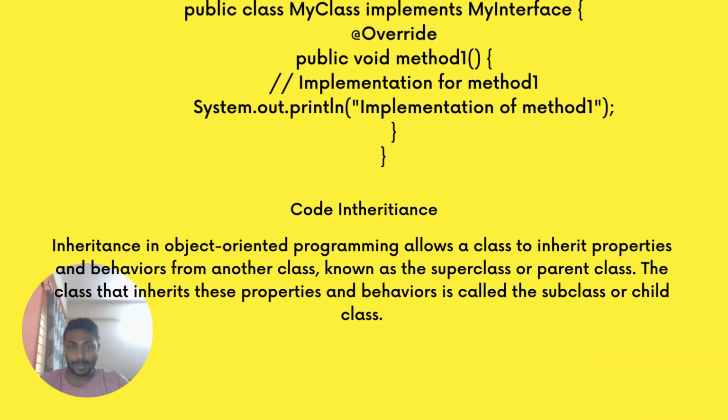Inheritance is an object-oriented programming concept that allows a class to inherit properties and behavior from another class, also called the superclass or parent class. In this example you can see that MyClass implements MyInterface, then we override public method1 with its implementation, so we inherit the properties and behavior from another class.